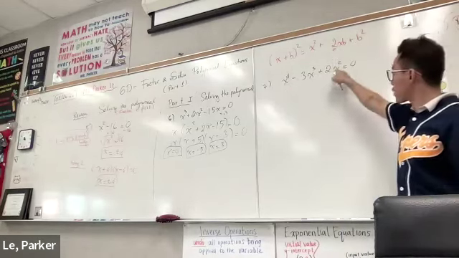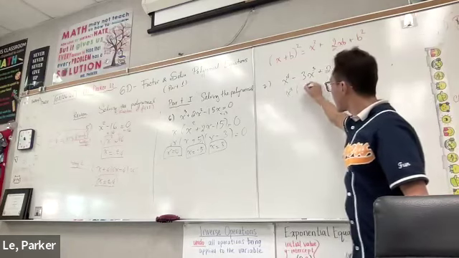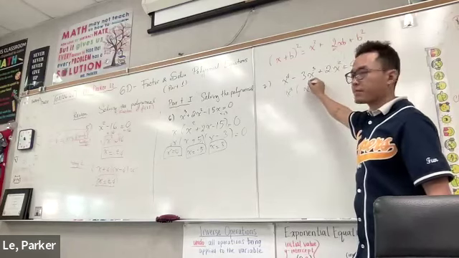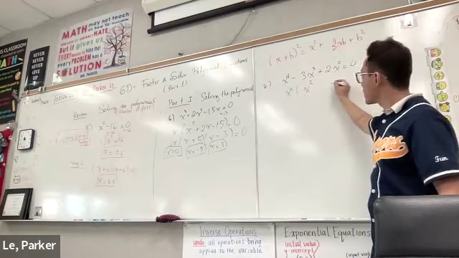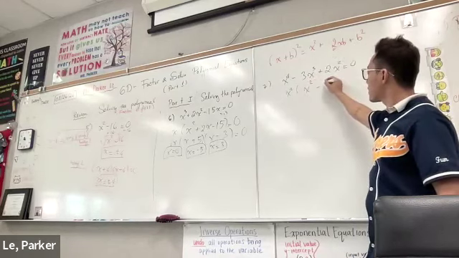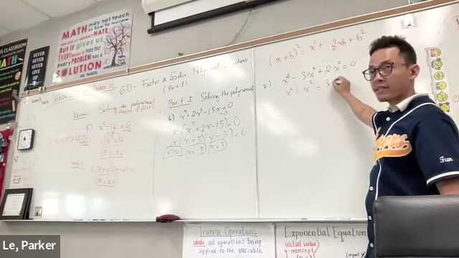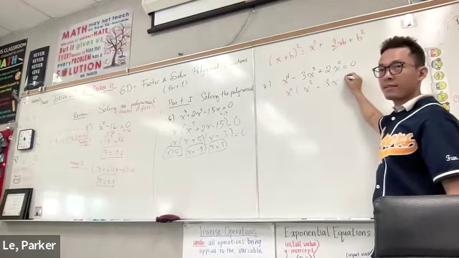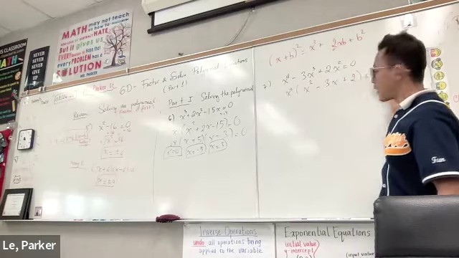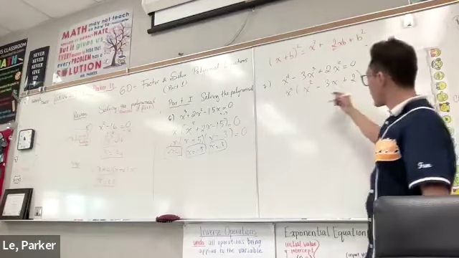That's the GCD. X squared here. We have that x squared, minus 3x, plus 2. You can also try by yourself to compare.